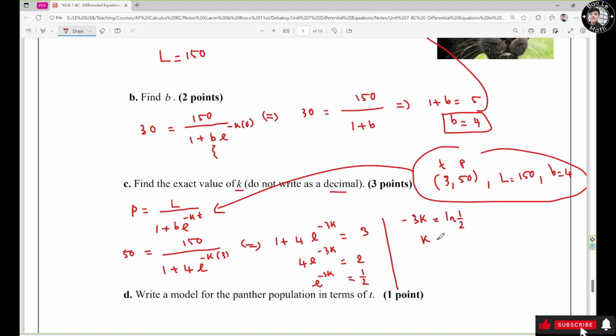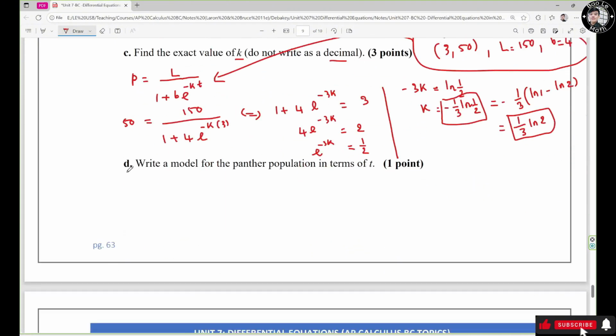So k equals negative 1/3 natural log of 1/2. Or you can simplify this: negative 1/3 times (natural log of 1 minus natural log of 2). Natural log of 1 equals 0, so it could be 1/3 natural log of 2. Either this one or this one is acceptable.